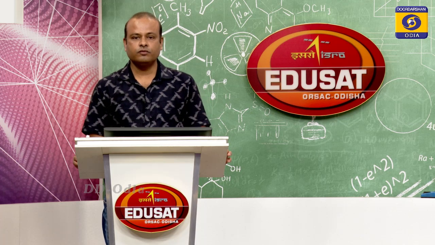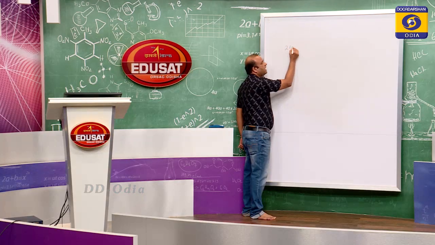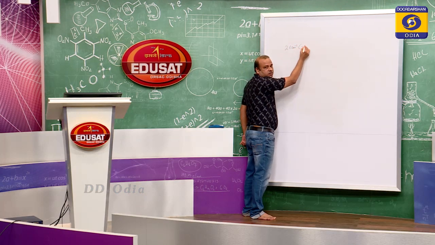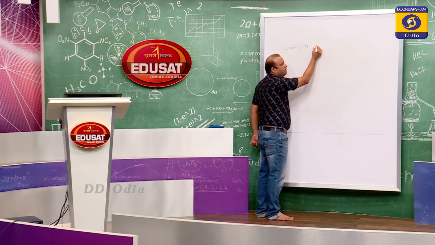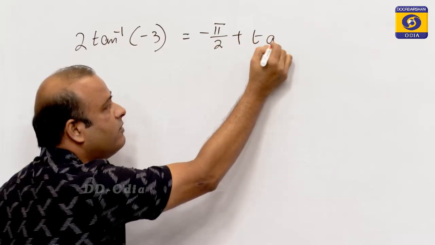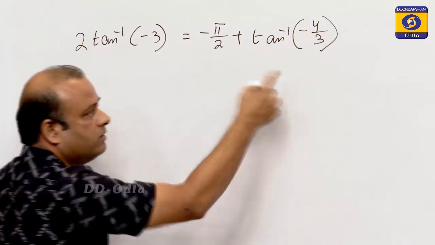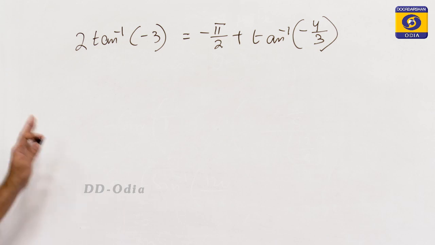So let us prove 2 tan inverse minus 3 is equal to minus pi by 2 plus tan inverse minus 4 by 3, right? Prove this one. It is given that you have to prove this.